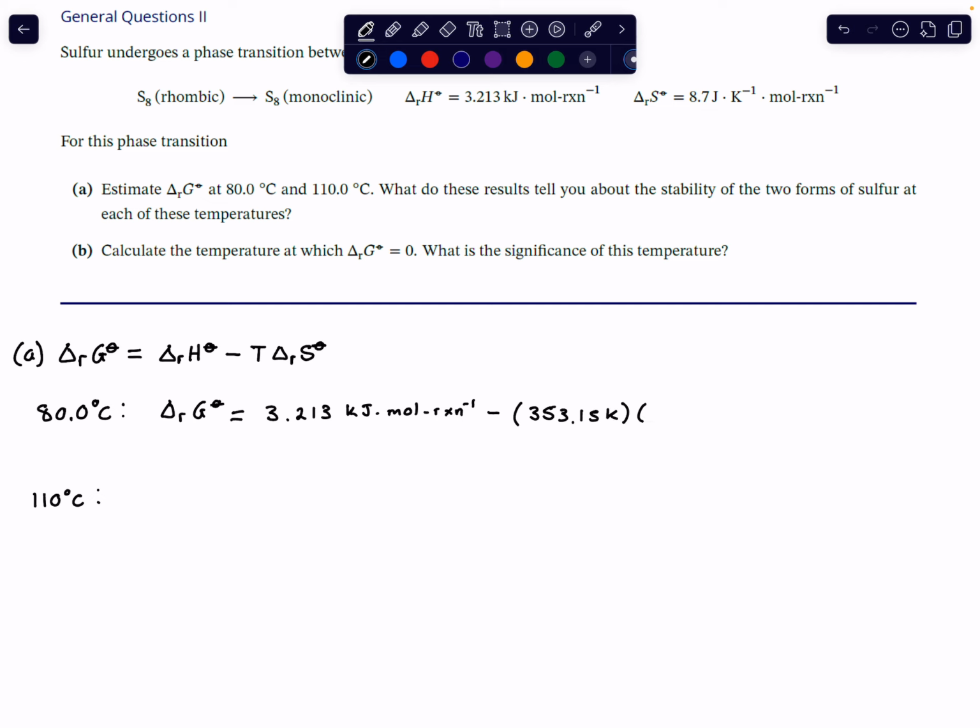All right, and our entropy is 8.7 joule per Kelvin per mole reaction, and we want to put that into kilojoules, so that must be times 10 to the negative 3 kilojoule per Kelvin per mole reaction. And then if you go through this calculation and round to 2 significant figures because of the entropy, then you get 0.14 kilojoule per mole reaction.